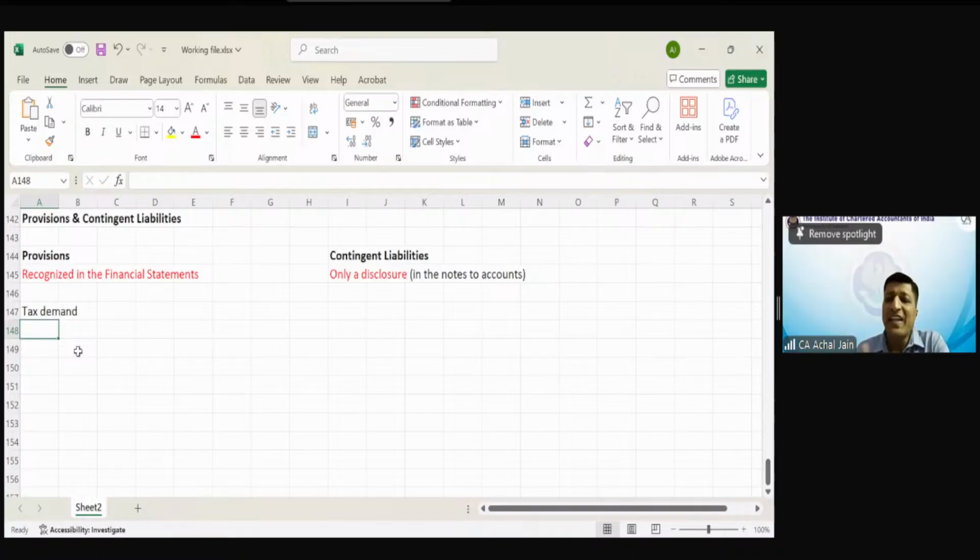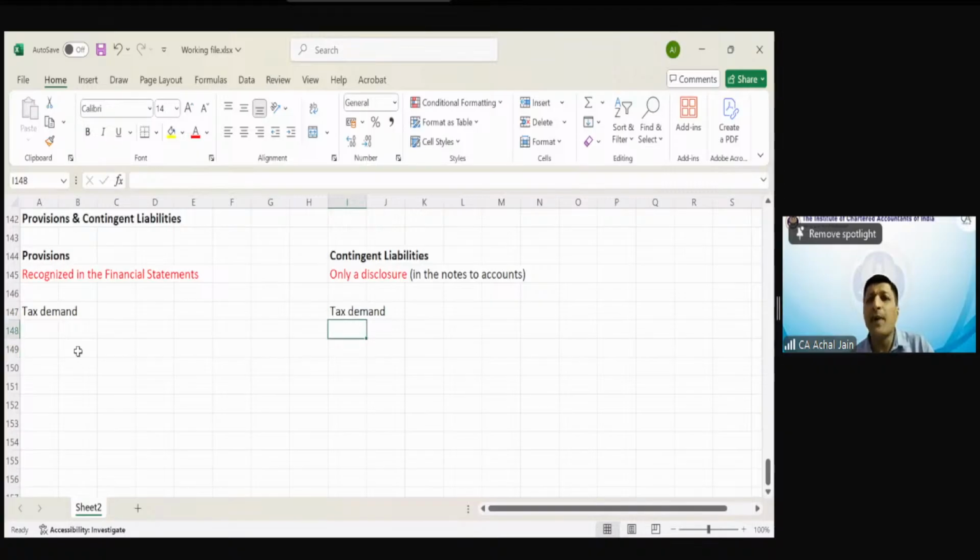When the company sees that there's a good chance that the money will not be recovered, that is when the company will recognize a provision. Yes or no?